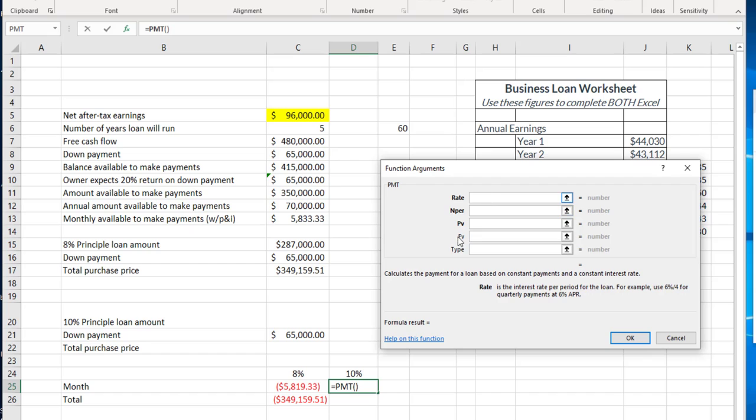So our rate is 10% divided by 12. Our periods are 60. Our future value is 0. And our present value is, well, we know the other one was 287. So let's say 287. We'll start there. Oh, that's too high when it's at 10%.